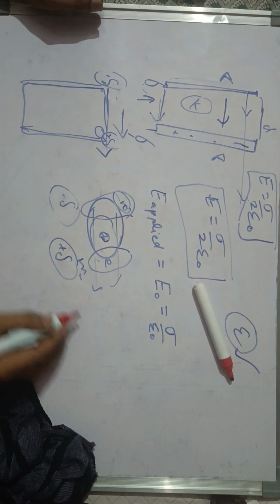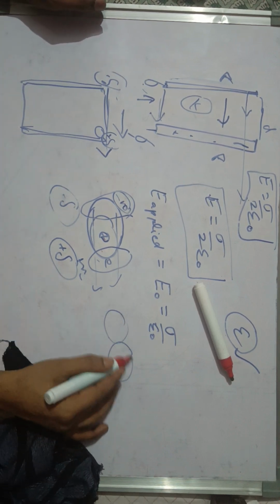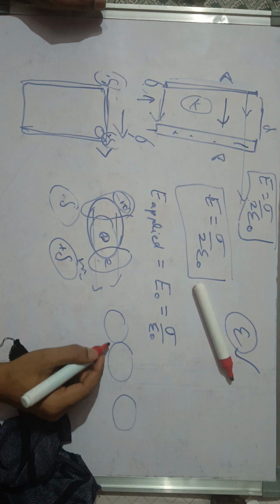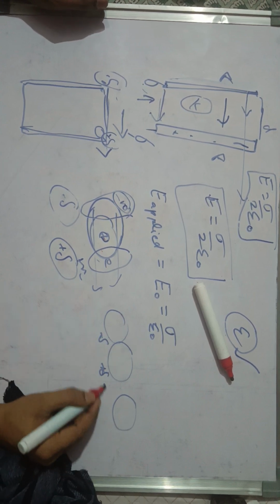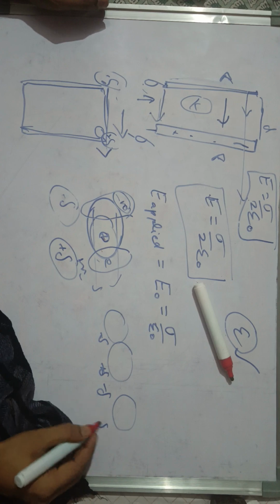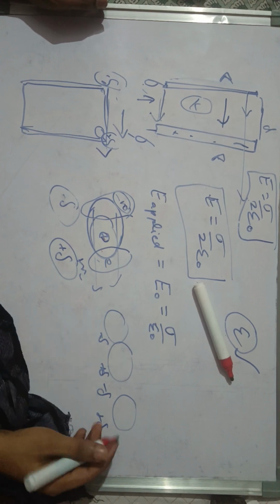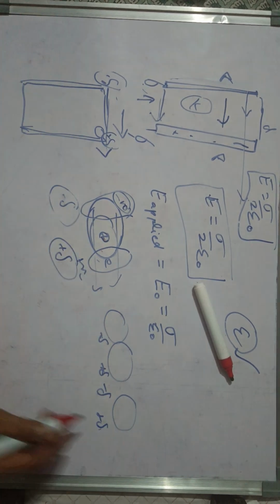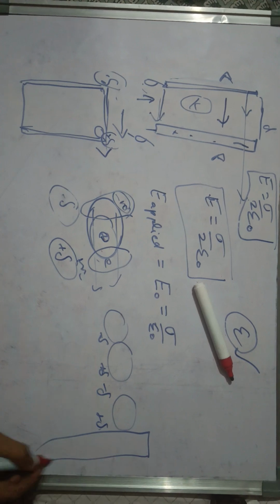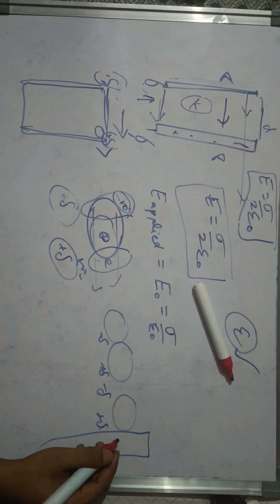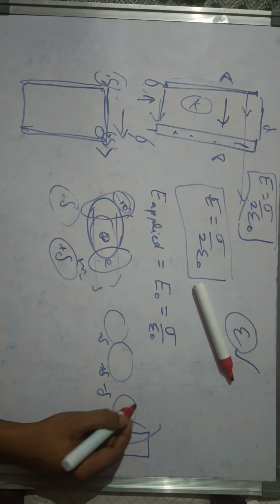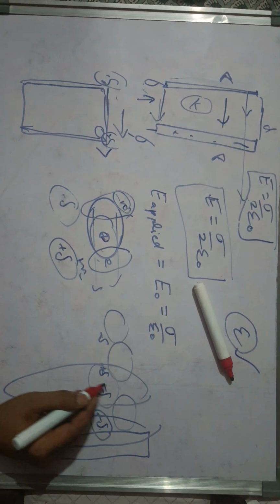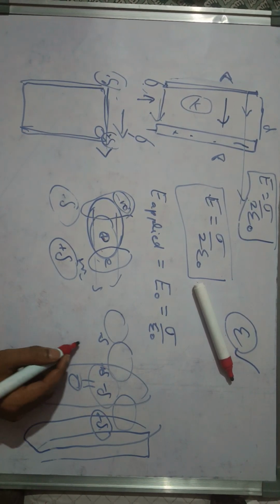Since there is a series of atoms, atom by atom, there would be some delta negative here, delta positive here, delta negative here, delta positive here, and this goes on. But at the extreme ends, let's say this is a parallel plate, then at the extreme end this side will have positive charge, and these two values will get cancelled out. This will become zero charge.